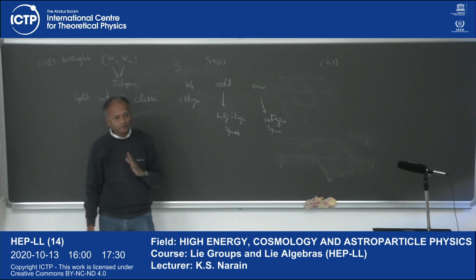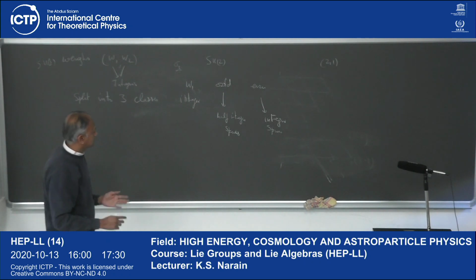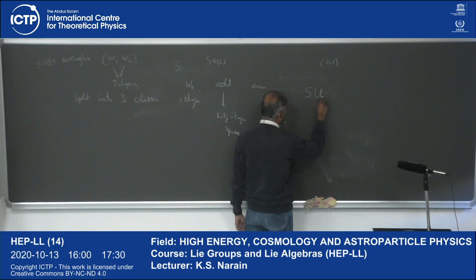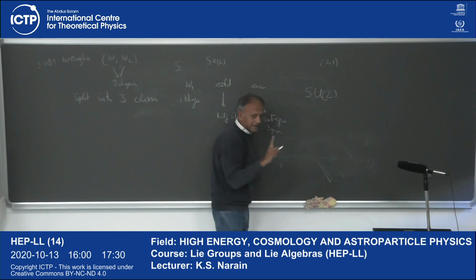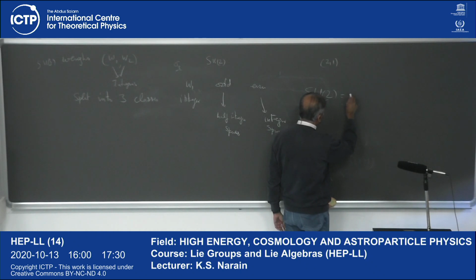When we considered the center of SU2, you remember that the center of SU2 was a Z2, right? So there was SU2, the full group now. I'm talking about the group, not the Lie algebra, the full group. There was one element which was the identity, a 2 by 2 identity matrix.